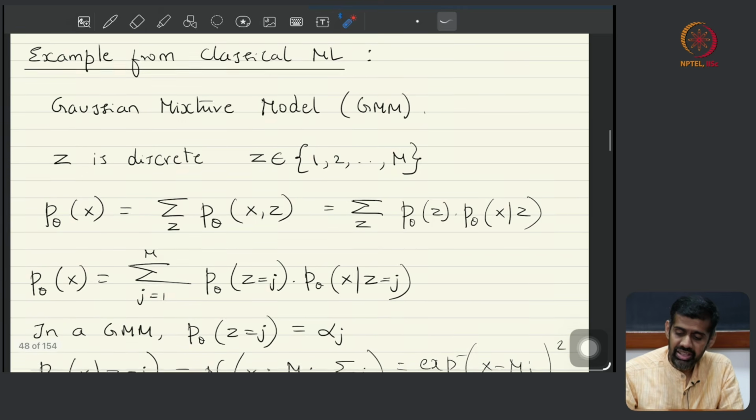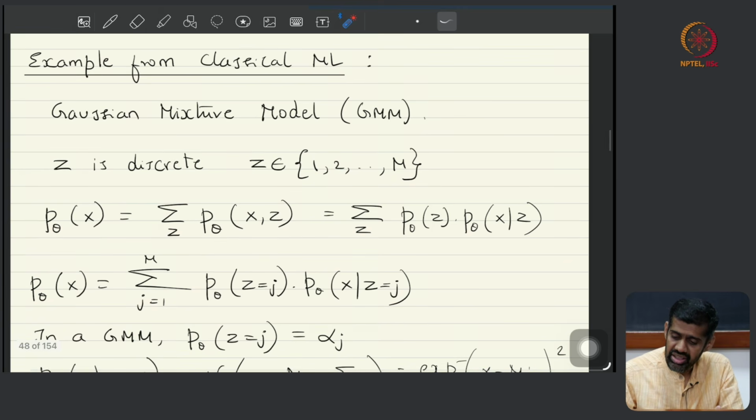An example from classical ML is the Gaussian mixture model, or any mixture density for that matter, where z is a discrete latent variable. Mixture densities are latent variable models. It will take 1 out of m values.